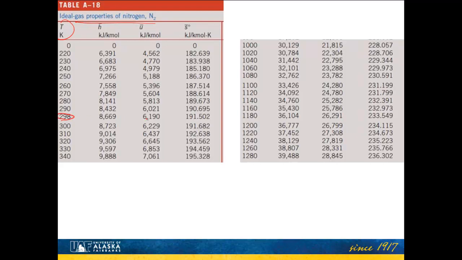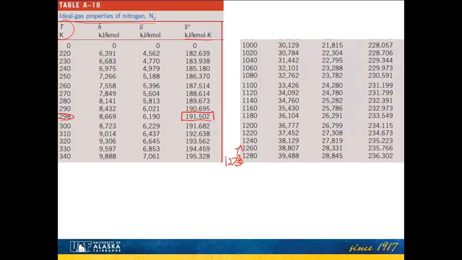And if I look over, my standard state entropy value is 191.502. And note up here, the units are kilojoules per kilomole Kelvin, not kilogram like it is for air, slightly different. And we'll address that here in a minute. And our other temperature that we had was 1273, so it was in between these two values right here.